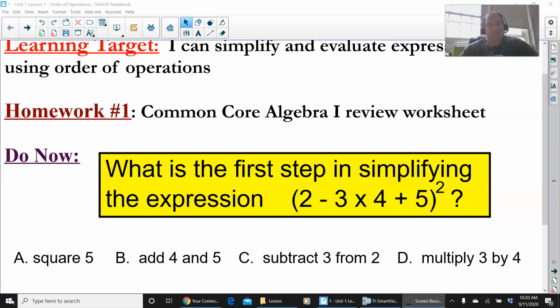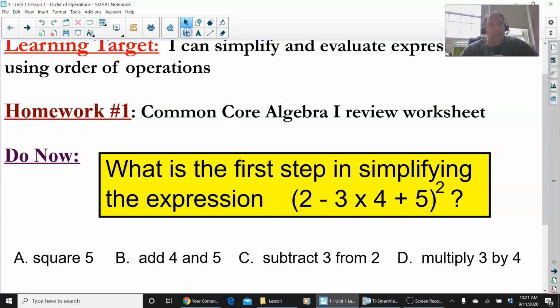So anytime that you are using order of operations, you always do what is in parentheses first. So PEMDAS: parentheses, exponents, multiplication, division, addition, and subtraction. So when there is something in parentheses, that's where you go first, and in parentheses you're going to do that multiplication first.